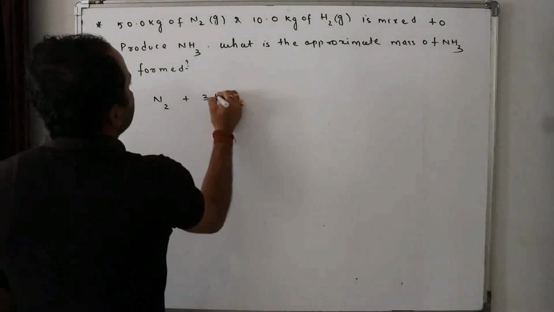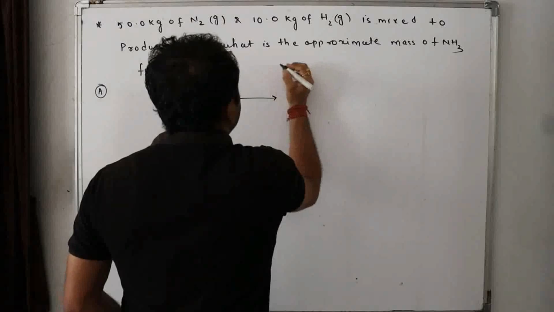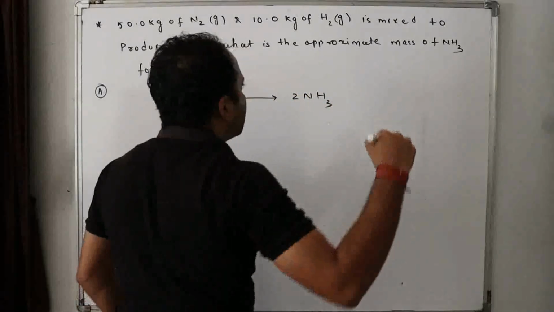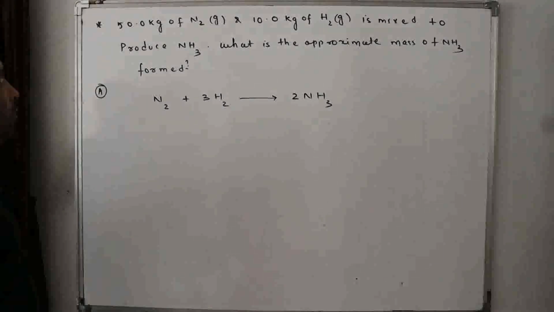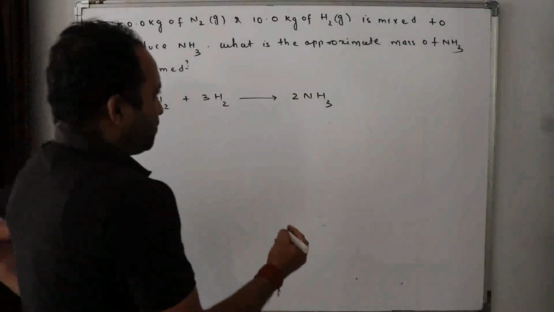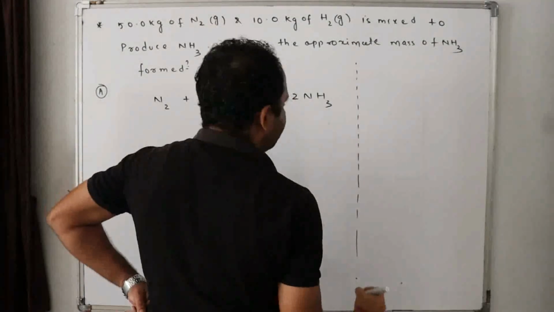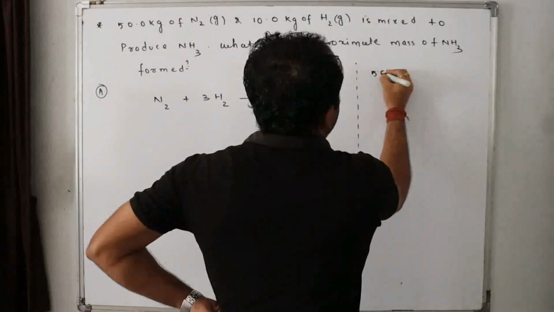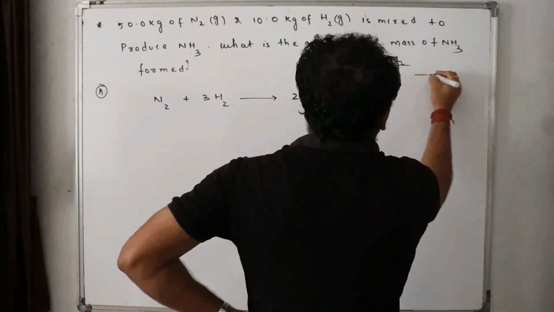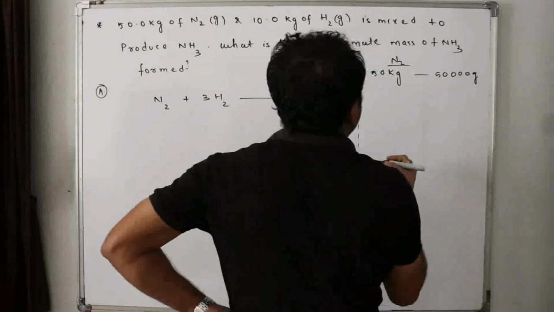N2 plus 3H2 gives 2NH3. Now, what did they ask us? 50 kg of nitrogen and 10 kg of hydrogen. For a better calculation, can I do like this? 50 kg for nitrogen means how much? 50,000 grams.